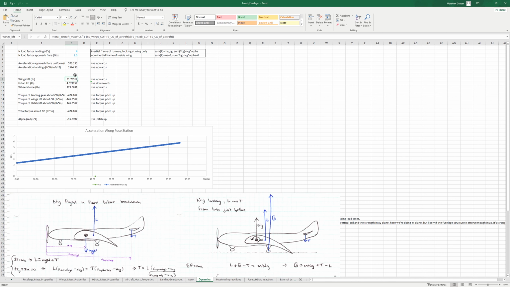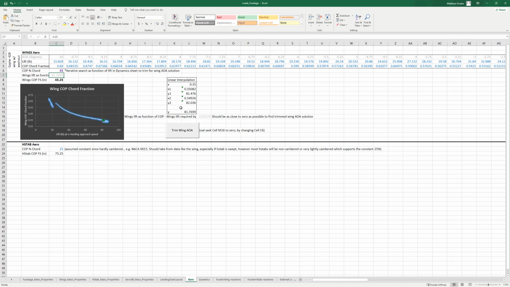And actually the 84 reduced because as we moved that center of pressure, the HStab lift changed. So that was actually a very close guess, because this number is now close to 0. So we're just changing this number up here until this here goes to 0.